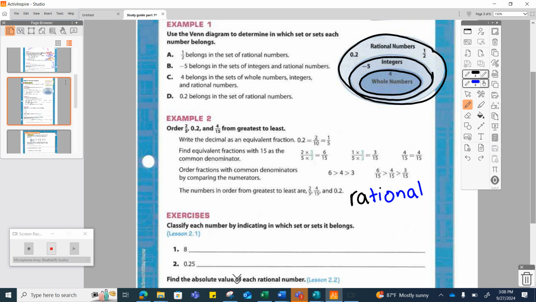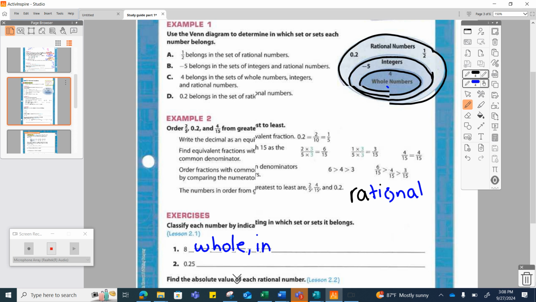Right away, we can also look at if it fits in this room, it fits in all the other rooms. So since 8 is a whole number, wholes are inside the circle of integers, which is inside the circle of rational numbers.